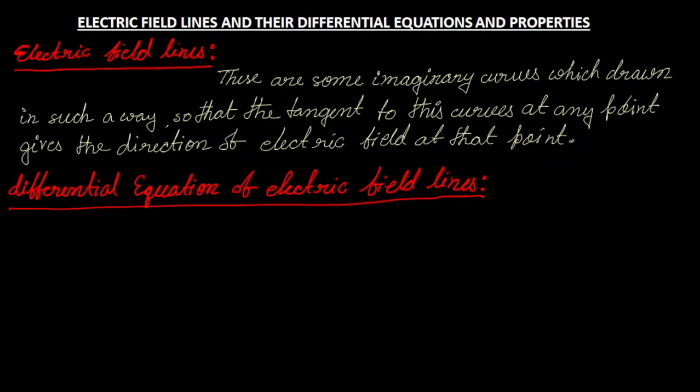Okay, so to write the differential equations of electric field lines, let me draw a simple figure here. Let's say this is our rectangular coordinate system, x, y, z, and then consider any arbitrary space curve.